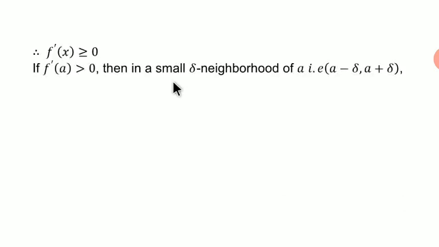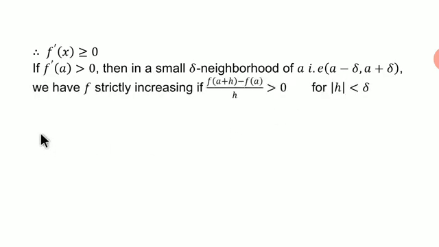So if f dash of a is greater than 0, then in a small delta neighborhood of a, that is the open interval a minus delta to a plus delta, f is strictly increasing, if f of a plus h minus f of a upon h is greater than 0, for mod h less than delta.